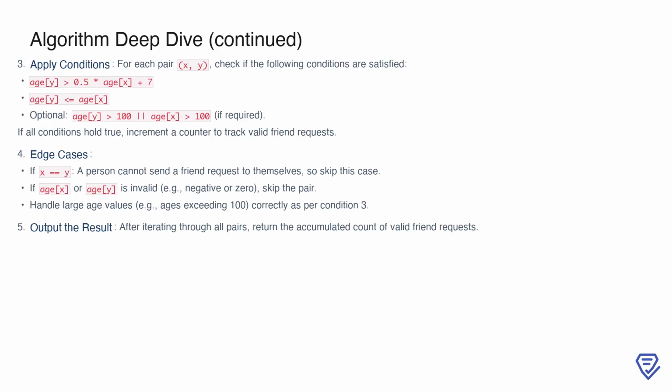For example, if x and y are the same index, we skip that pair because a person cannot send a friend request to themselves. Another edge case involves invalid age values, such as negative or 0, which should also be ignored. Lastly, for large age values, such as those exceeding 100, we ensure they are processed correctly based on the third condition. Once all pairs have been evaluated, the counter will hold the total number of valid friend requests, which we then return as the final result.